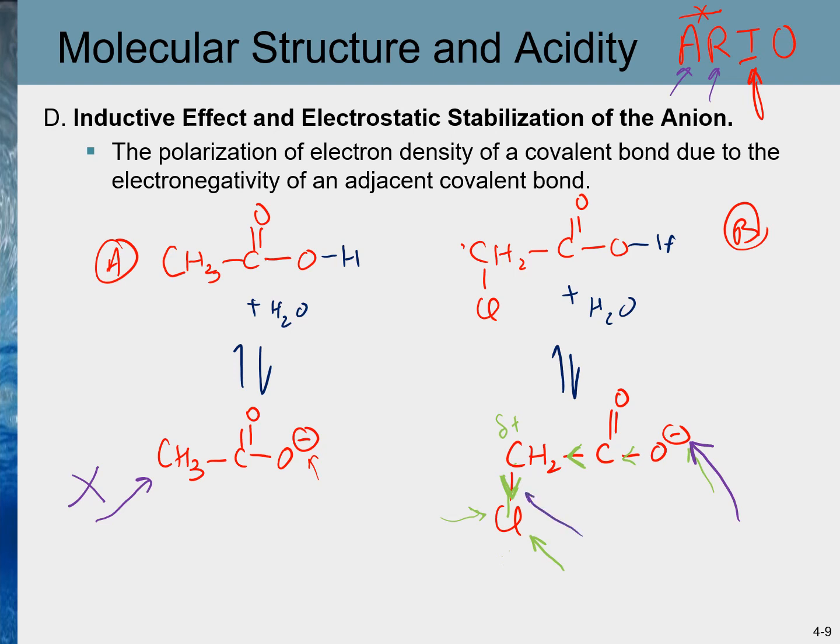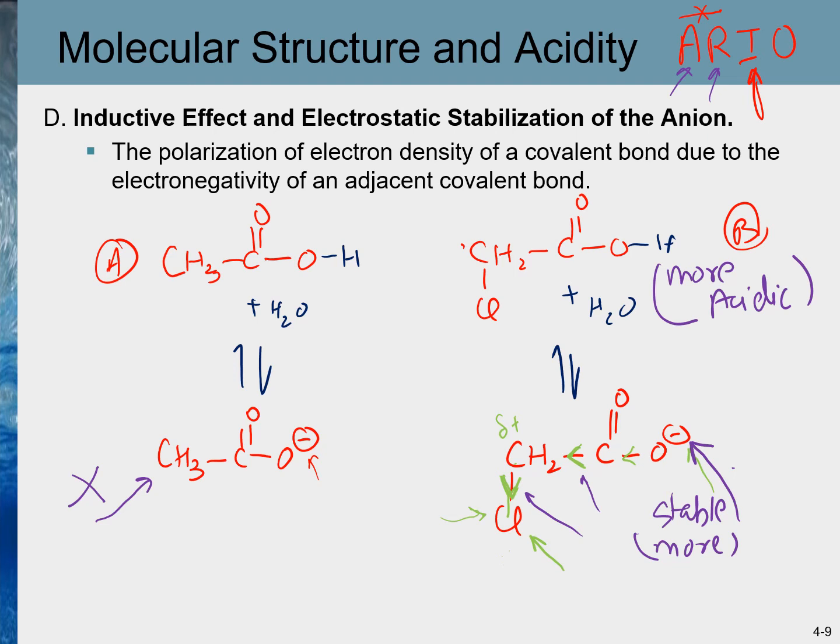So this effect is known as the inductive effect, and because of this inductive effect, the chloroacetate ion is more stable. Because this one is more stable, the acid from where this conjugate base comes is more acidic, or a stronger acid. And we can confirm the strength of this acid.